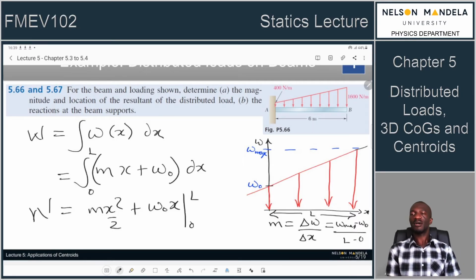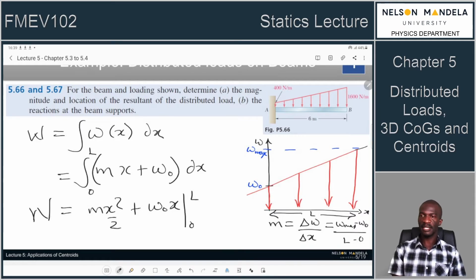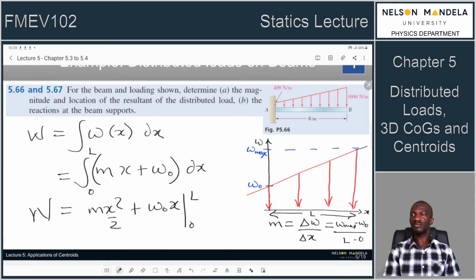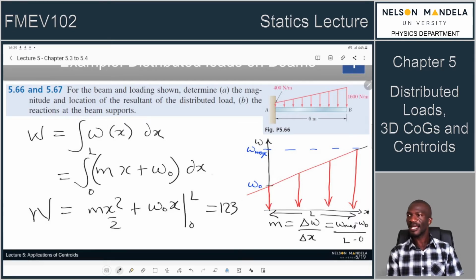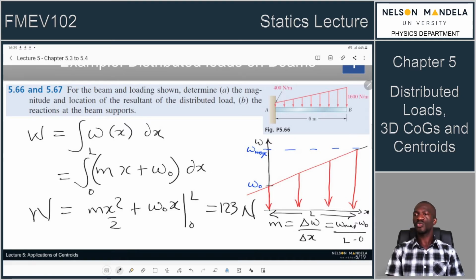Now that we found our resultant, what is the next thing to think about? The next thing to think about is the location of that resultant of the distributed load. How would you find the location of the resultant now that you've got some number? So this is equal to 1, 2, 3, and this is in the SI system, so this is in newtons. Whatever it is that you got, which is the W in newtons, the question is, at what location is it acting?